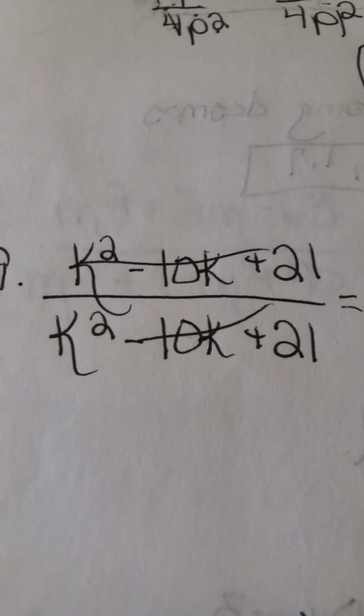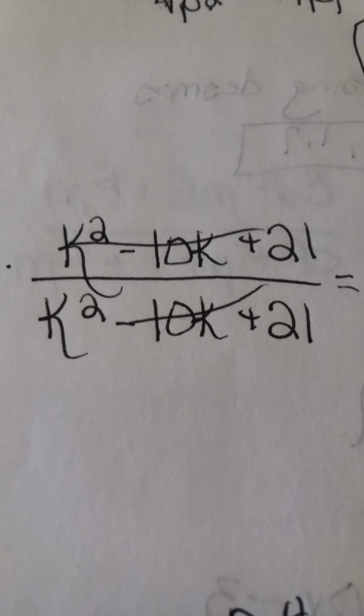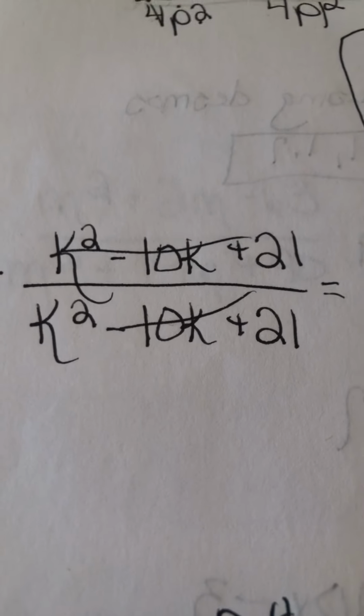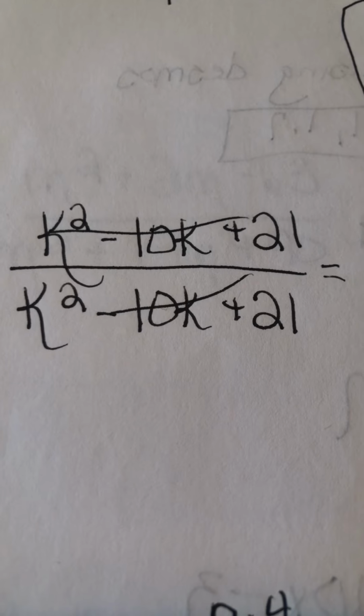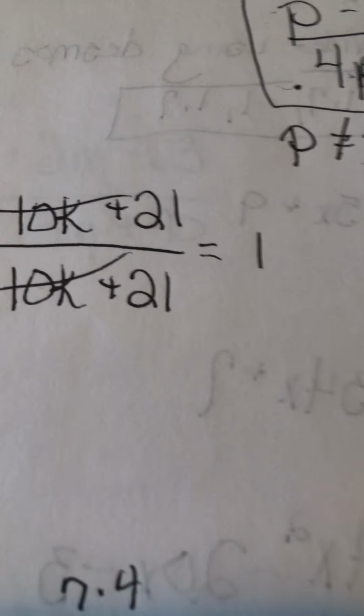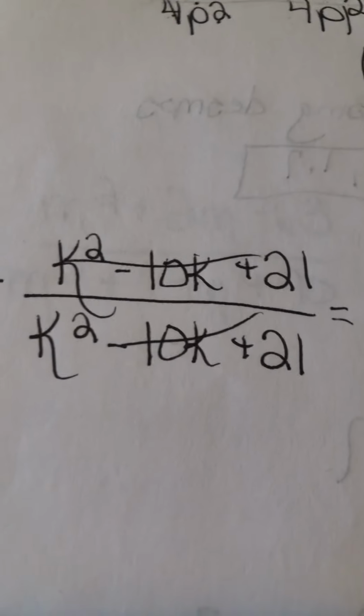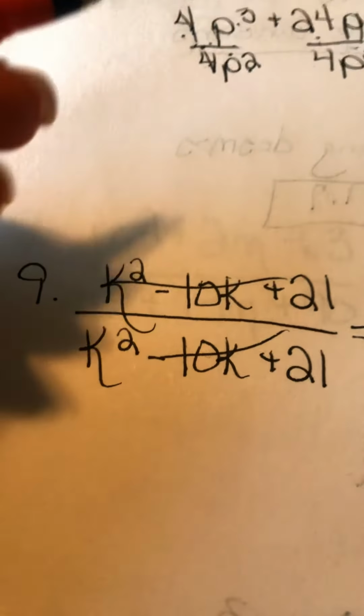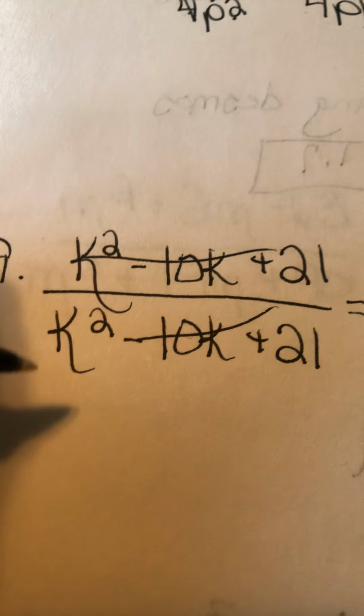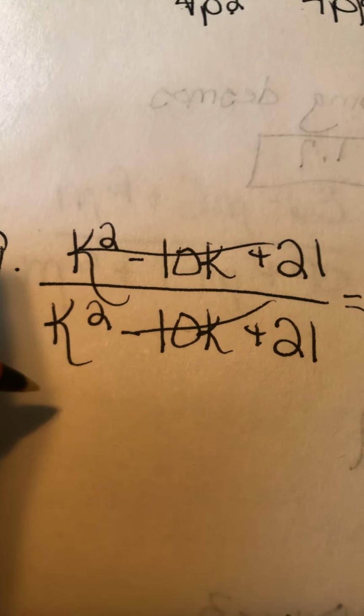Now, if we go down and look at number 9, this is from our classwork on Friday. We had k squared minus 10k plus 21 over k squared minus 10k plus 21. And I said, okay, well here your solution is just going to be 1 because they're exactly alike. But to find the excluded values, we actually have to go ahead and factor it. We're going to have to factor this down.